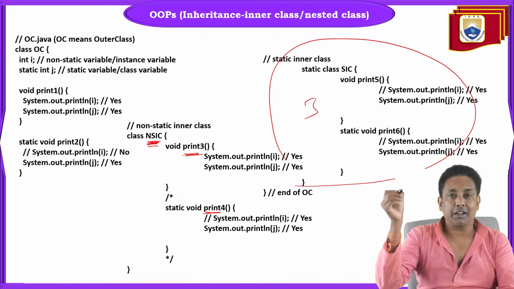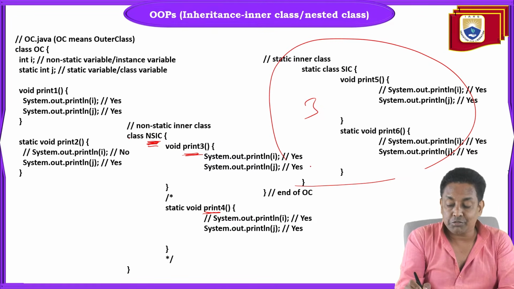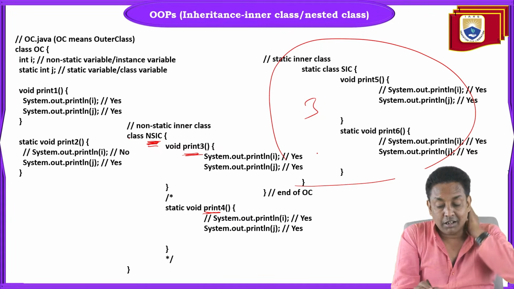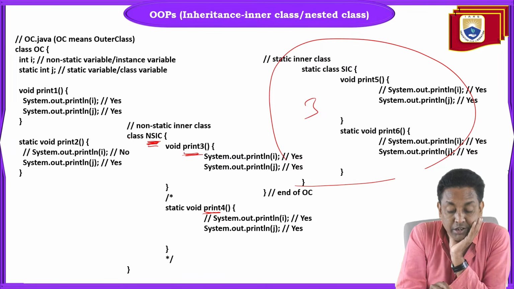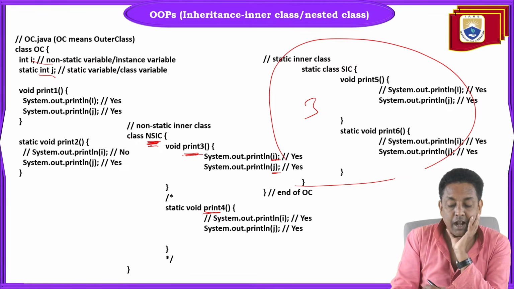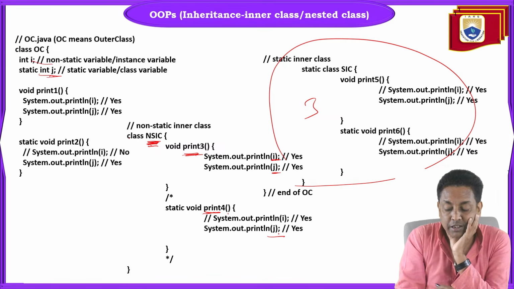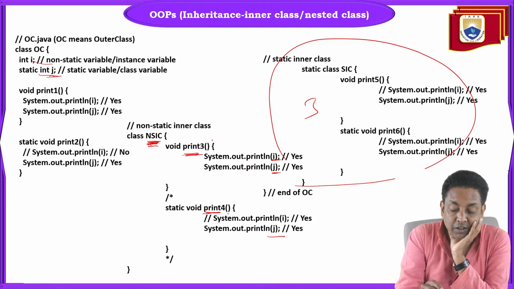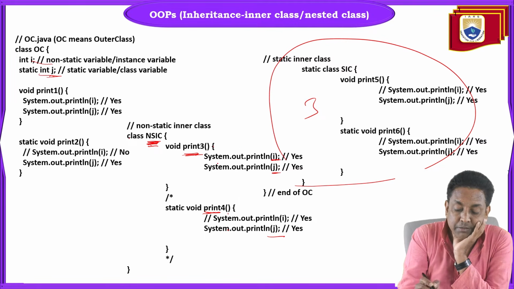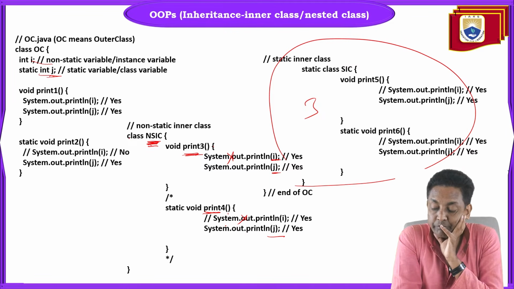In the non-static method, we can access both static and non-static variables of the outer class. And coming to the static method, we can access only static variables of the outer class. In my case, in both the non-static method and static method, only static variables can be accessed, I think. The non-static variable cannot be accessed.